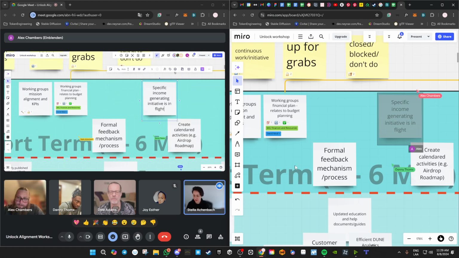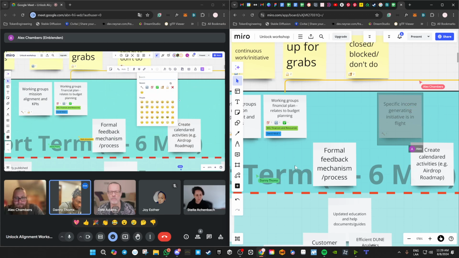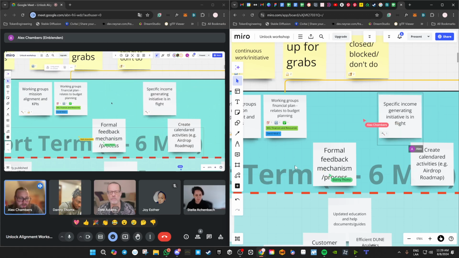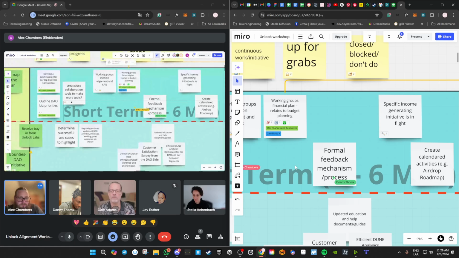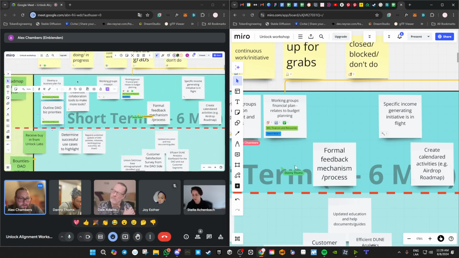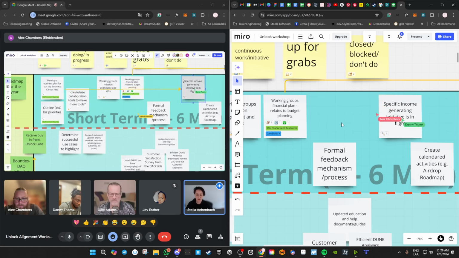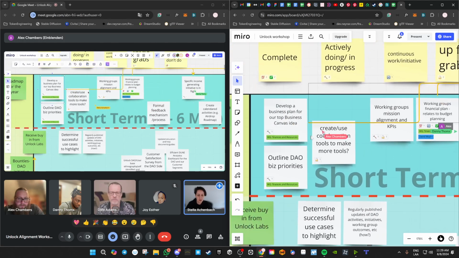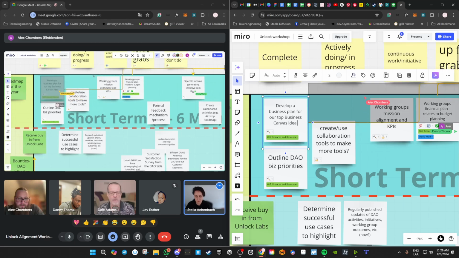Yeah, isn't this like a double with the business proposal? Yeah. Do we need this? You said it's related to the develop a business plan for our top business canvas ideas. It's essentially to generate novel forms of revenue. We could add this just as a text.